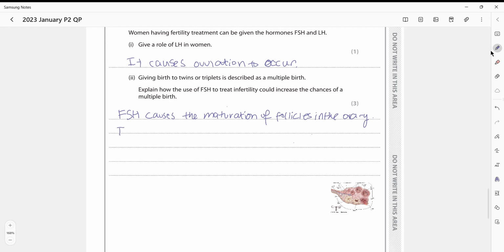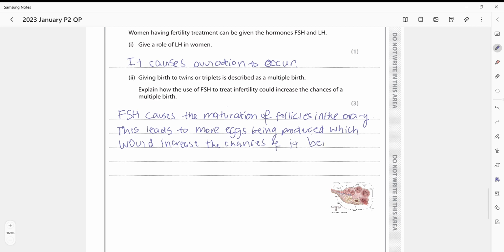This leads to more eggs being produced, which would increase the chances of it being fertilized by a sperm.